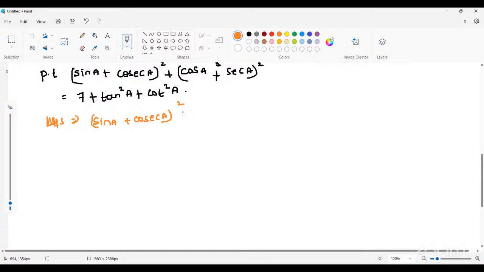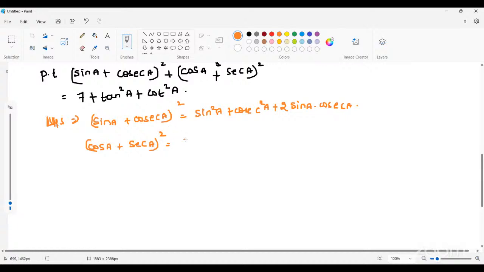So that we are going to write as A plus B the whole square is A square plus B square plus 2 into A into B. And we have (cos A plus secant A) the whole square.